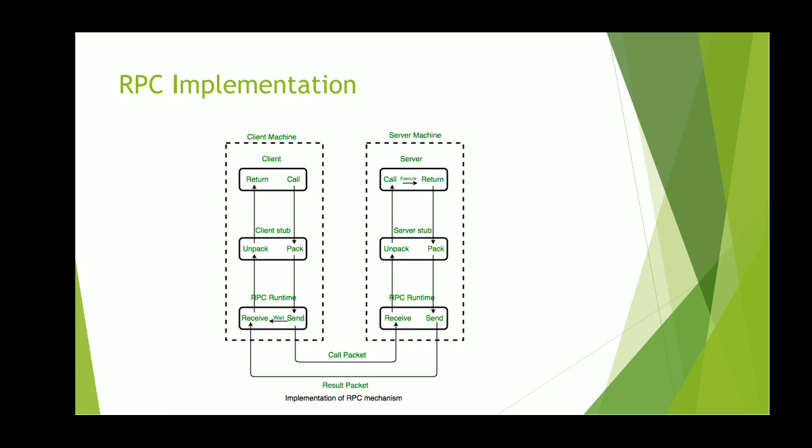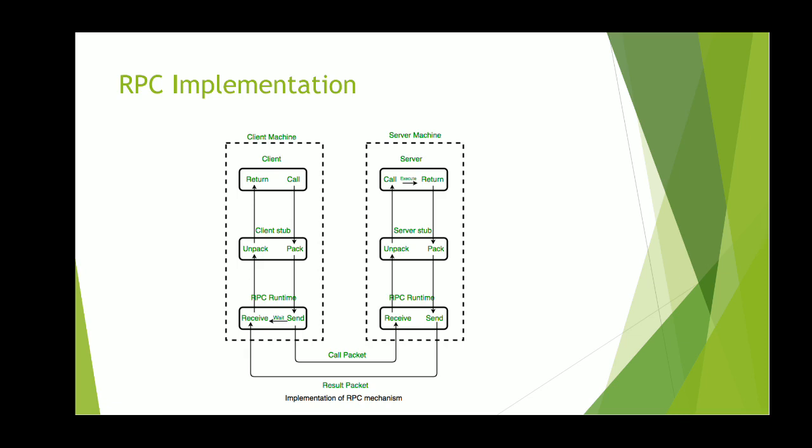So the server application will execute the RPC method, and it will return the data to the server stub. The server stub will do the necessary packing of the data for transmission, and give it to the RPC runtime in the server.